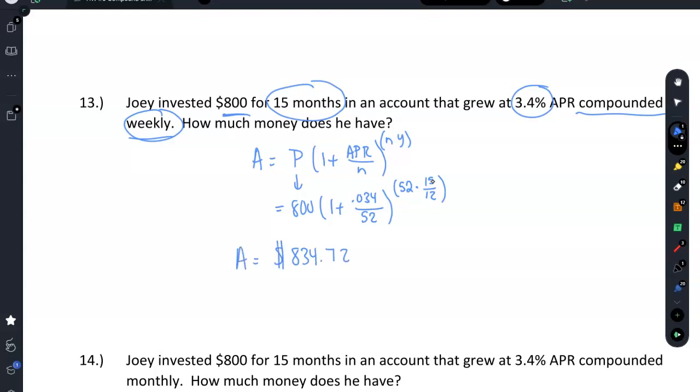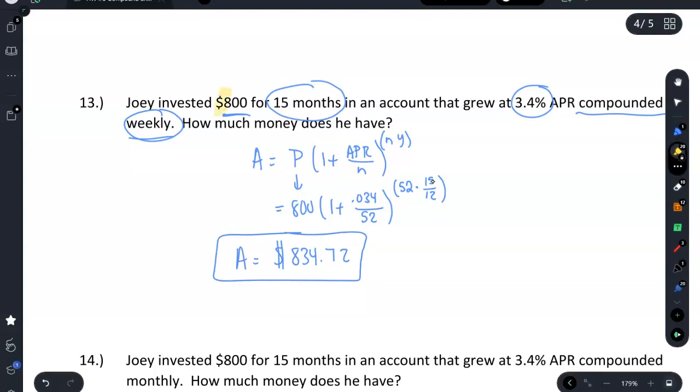And we can always double check our answers and see that they should kind of make sense. If I invested $800, I expect that to grow. If it's at 3.4%, it's growing at a decent rate, but it's not going to be something outrageous. So you can see that if I had it in there for 15 months, I made a total of $34. And now is also a good time.